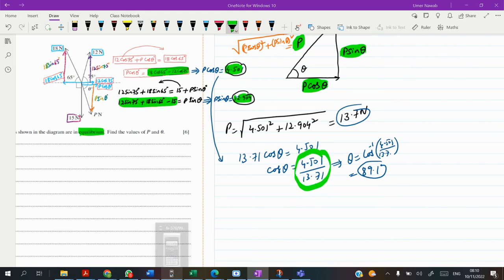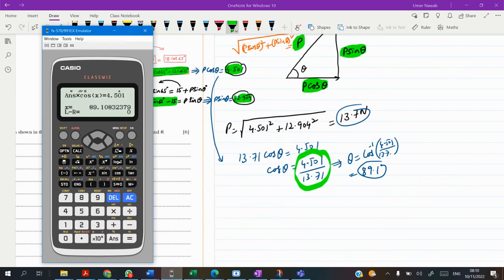So can I use the calculator? What is the value of P I have found? 13.7. So shift cosine 4.501 over 13.7, and then close the bracket. Yeah, it is 70.8.